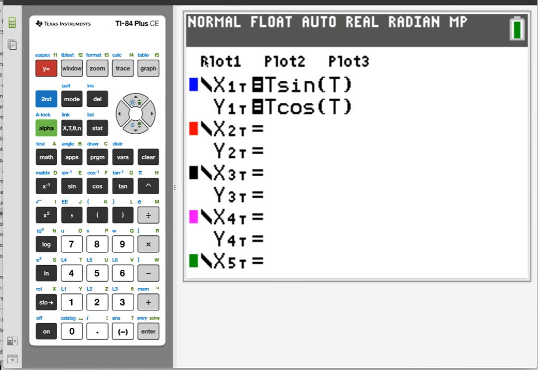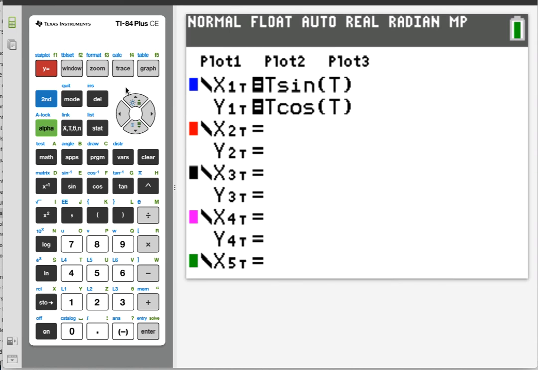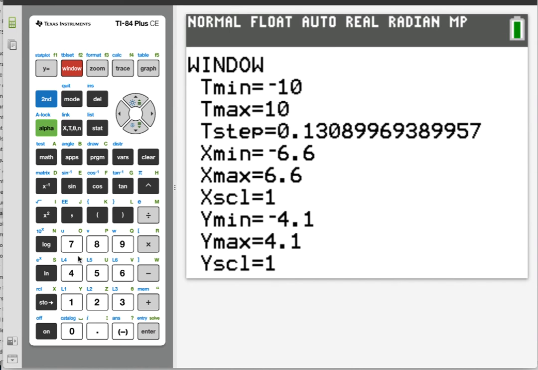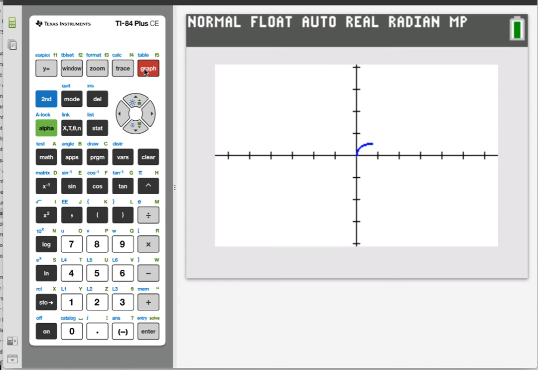Taking a look at this visually, plugging in my parametric equations, and I want to only look at 0 to 1 on this graph. So let's graph, and we can see there's our length from 0 to 1. We're going to find that measurement for this set of parametric curves.